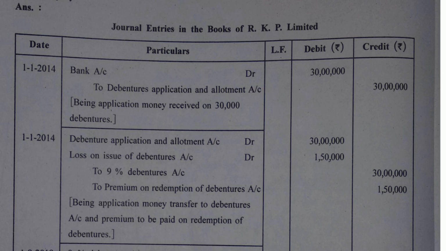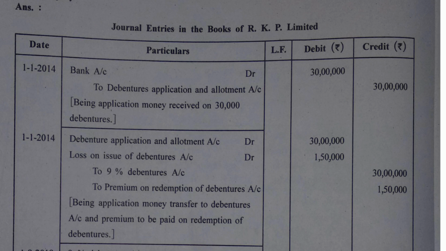So firstly, debenture application and allotment account debit 30 lakh. Loss on issue of debentures account debit. Here we are talking about the 5 rupees premium that is to be paid at the time of redemption. So 30,000 into 5 gives you 1,50,000.